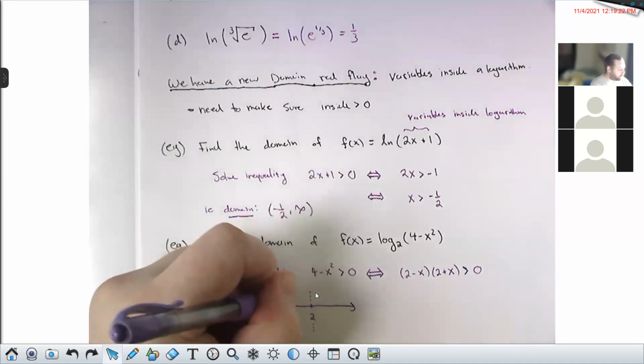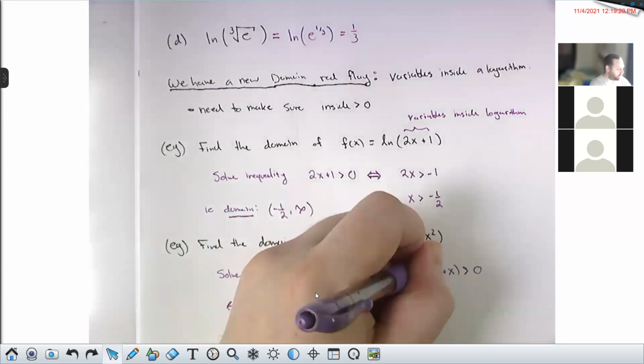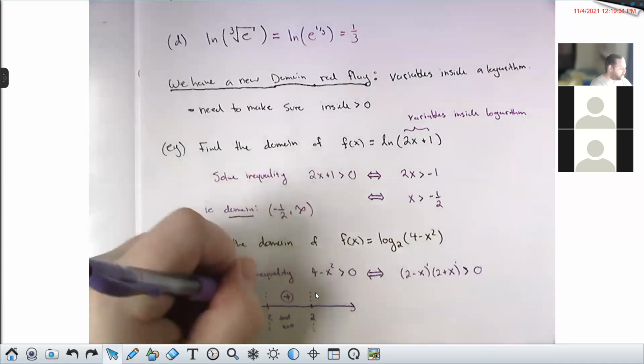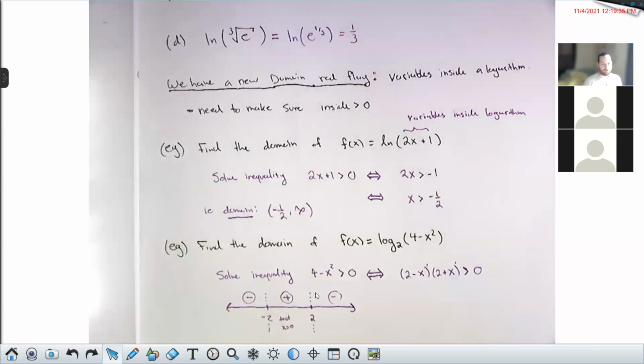This thing is positive, right? 4 minus 0 is positive. And then by multiplicities, each of these is a multiplicity 1 factor, so it will be negative out here and negative out here. You could also get the negatives on the outer pieces by thinking about the end behavior for this polynomial. This is an even degree polynomial with a negative lead coefficient, so it goes down on both sides.